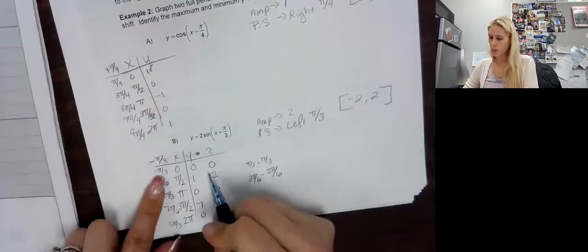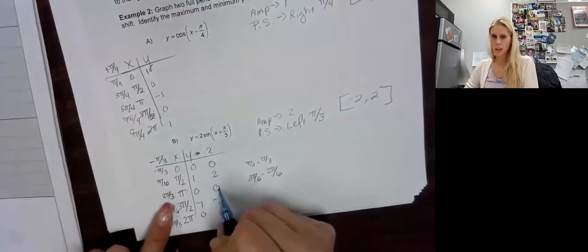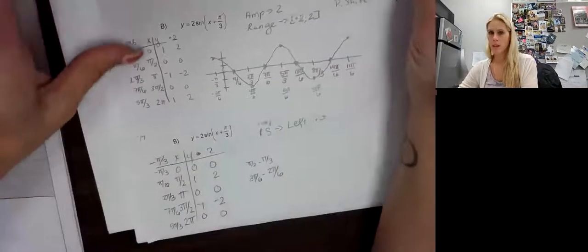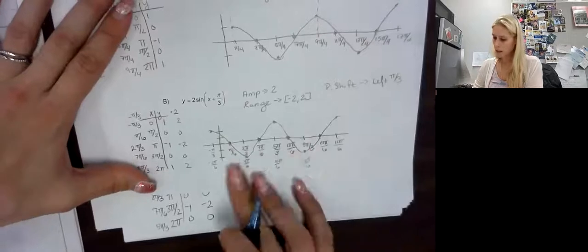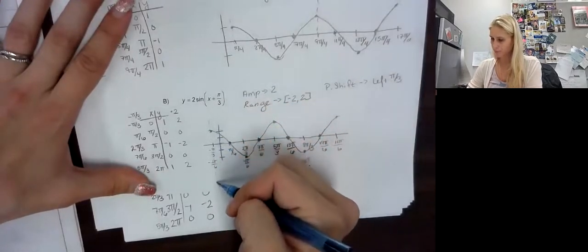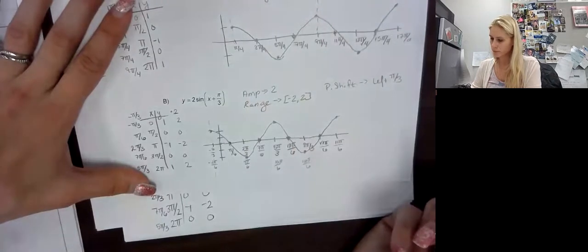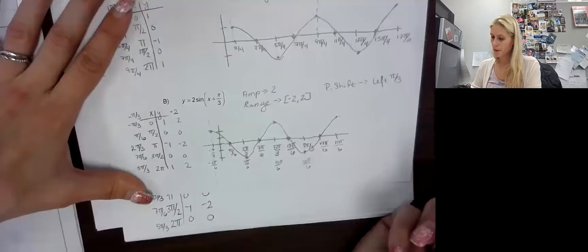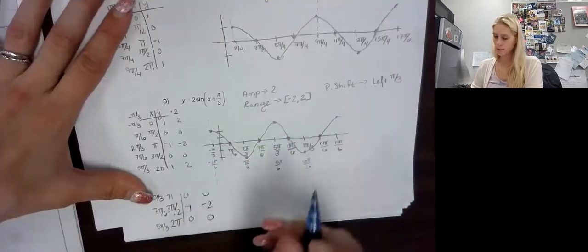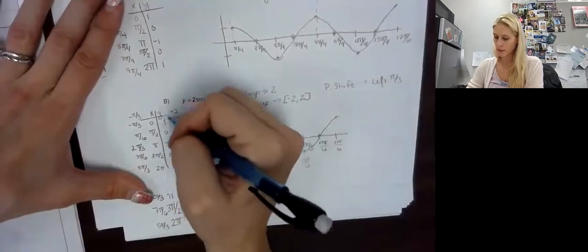Okay, so remember when you plot your points, guys, you're plotting the outside here. And I'm going to show you what that looks like. All right, so we're starting at negative pi over 3. Oh, and it looks like my practice round, I did that wrong, right? Because look at these values.